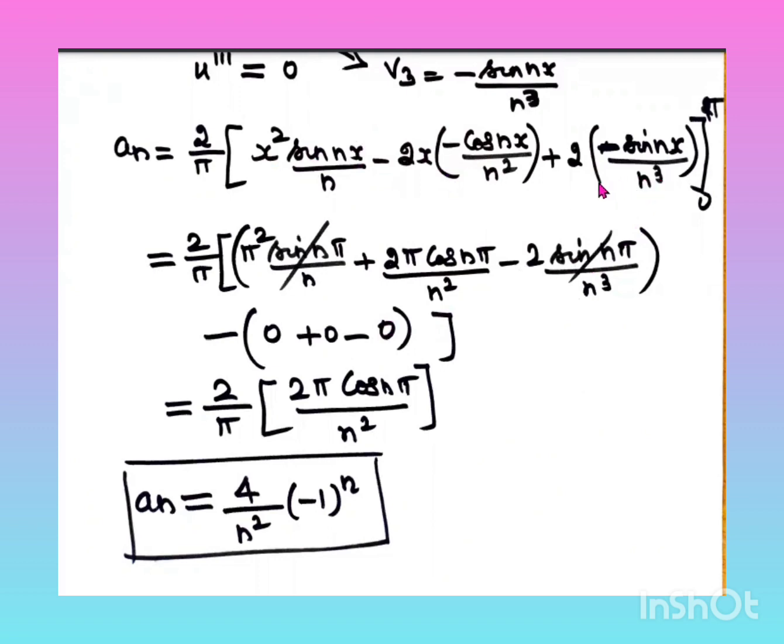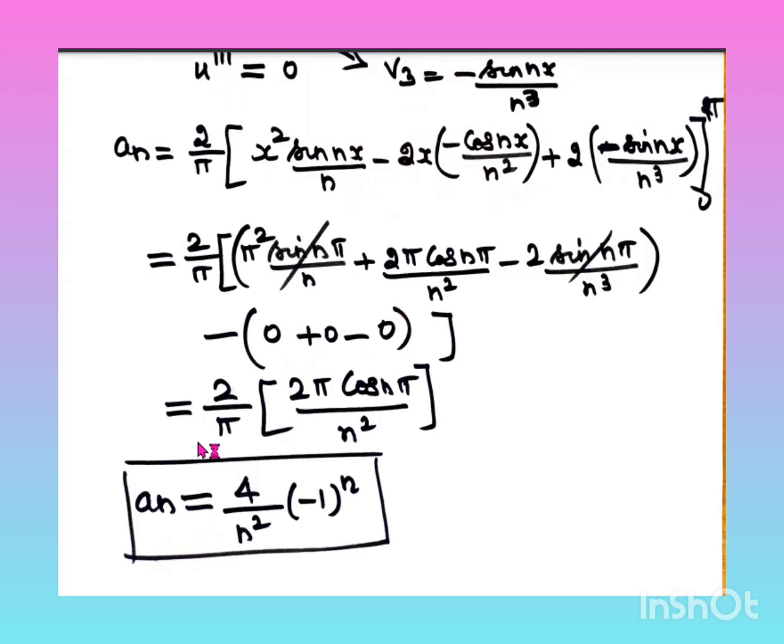Third term is minus 2 sin 0, sin 0 is 0, so the third term also will vanish. So therefore 2 divided by pi, sin n pi is 0, I have struck out, right? So therefore 2 divided by pi into 2 pi cos n pi divided by n square. What is cos n pi?